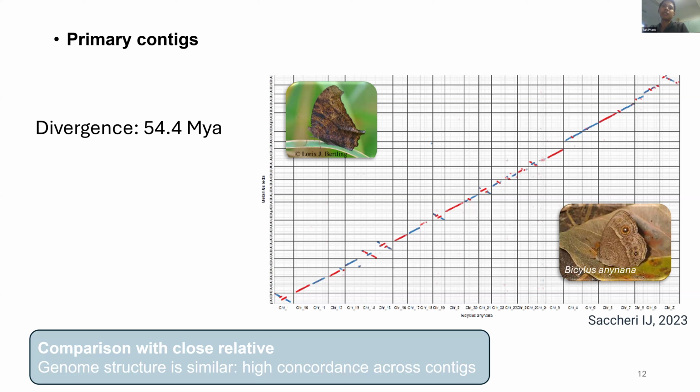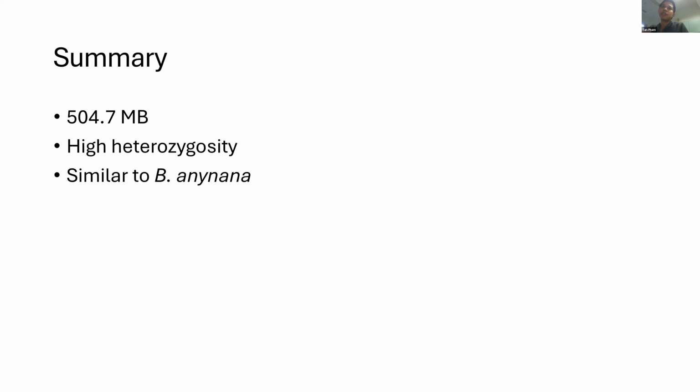The divergence between the two species is about 54.4 million years ago, and we can see the genomes of the two species are highly conserved. The genome size of this species is a medium size, 500 megabases, with high heterozygosity, and it is quite similar to Bicyclus anynana.